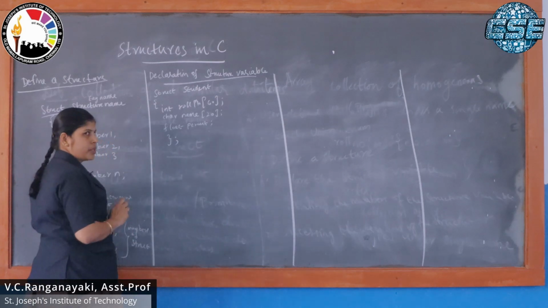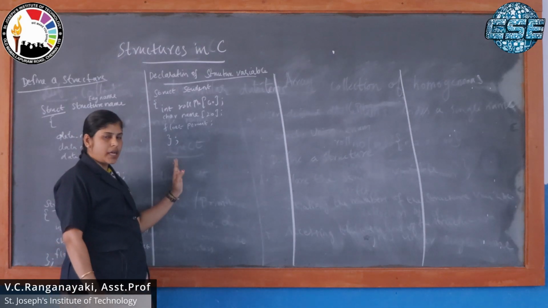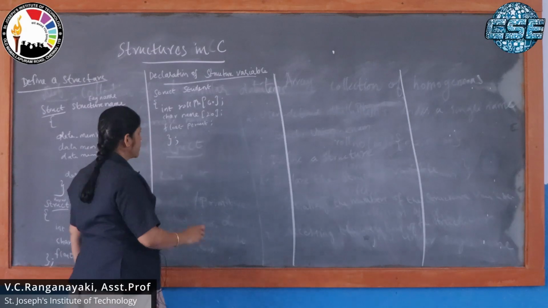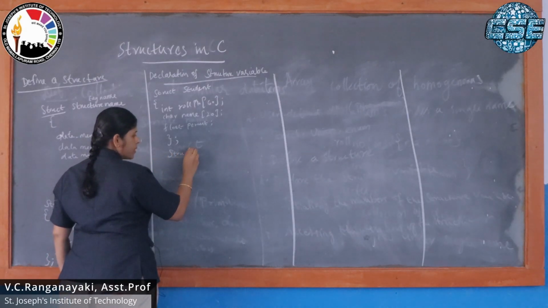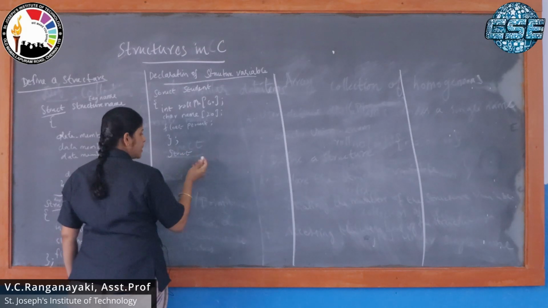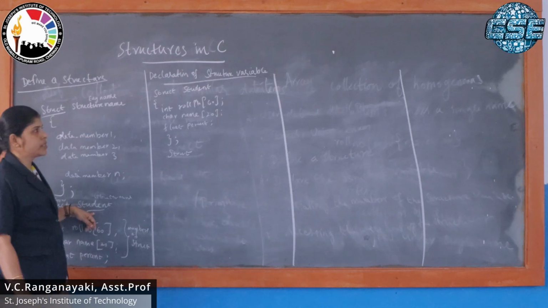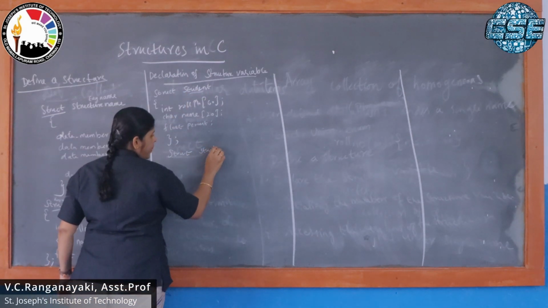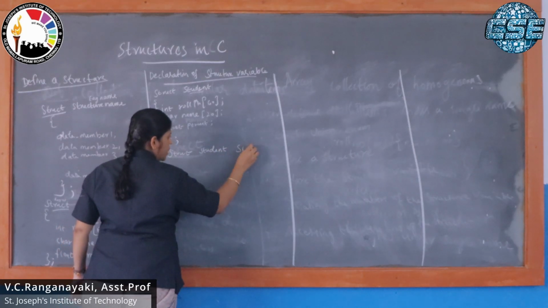How to declare a structure variable? The syntax for declaring a structure variable is: struct, structure name, and then a variable. So struct, structure name. What is the structure name? I took the structure name as student. So struct student, and I took the variable as s1.